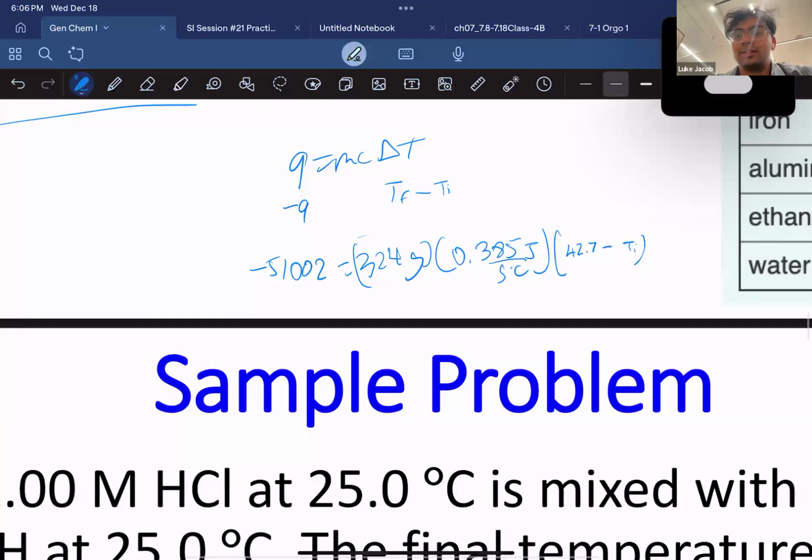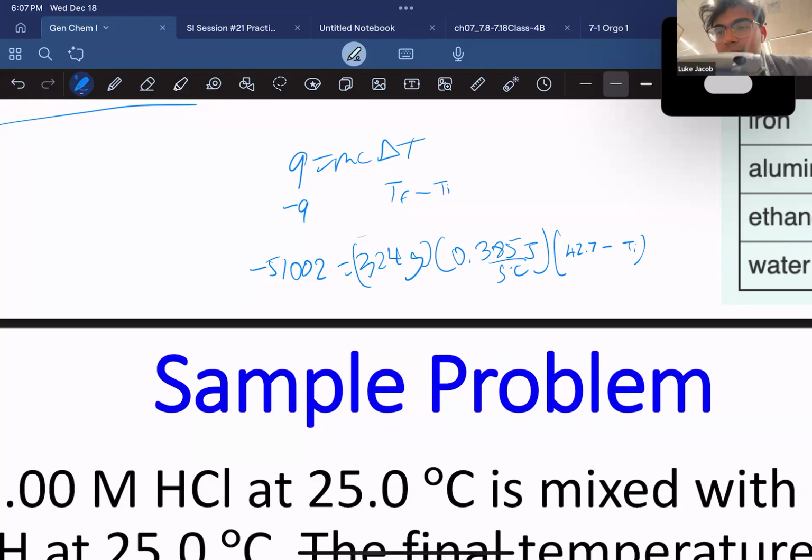And so when we do this, it's a lot of math. Negative 51,002 divided by 324 times 0.385.